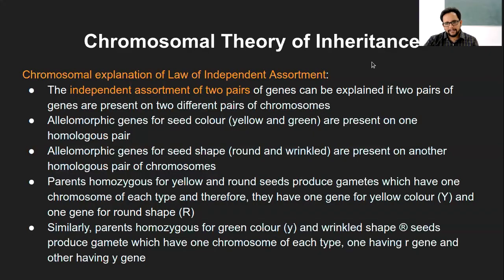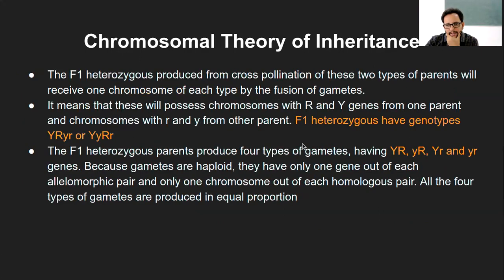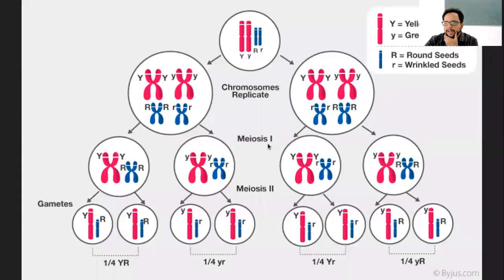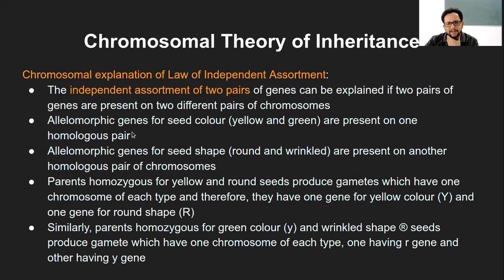Then the next law, the law of independent assortment, how it was explained. Can I directly go to the example? Yeah, we can do that directly, instead of going through this description.